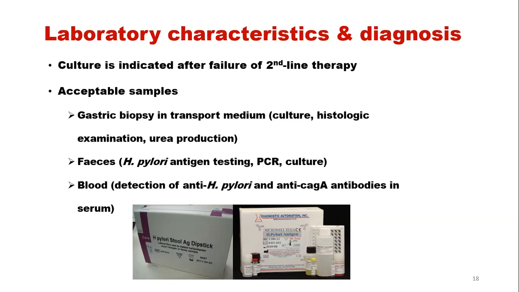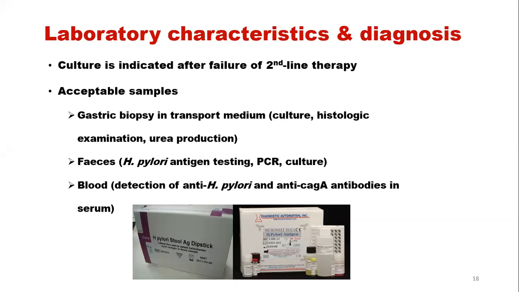What are the samples that you can send in for culture? You can send in gastric biopsy in a transport medium. This is suitable for culture. It's also suitable for histology, and we can also determine the presence of the urease enzyme. You can send in feces.